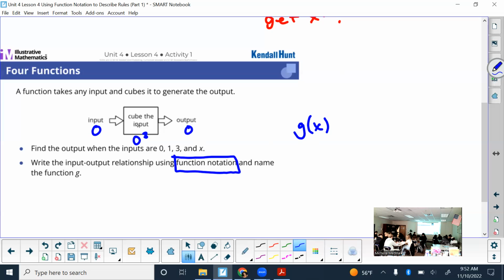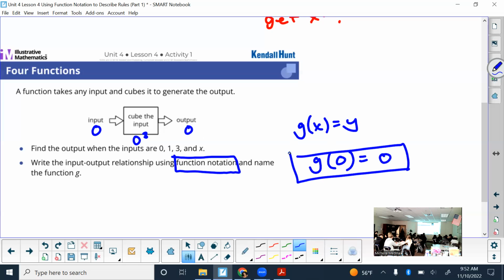So if I want to show that answer, my input is 0. And then, so basically g of x equals y. So y is my output, right? So what's my output when my input is 0? Right, good. That's what it's asking for. So not only for you to be able to apply that rule, but to put it in function notation.